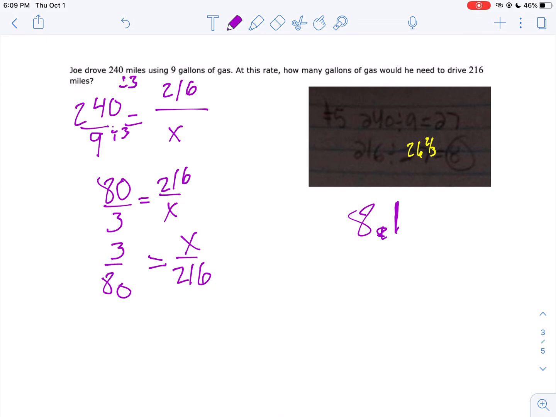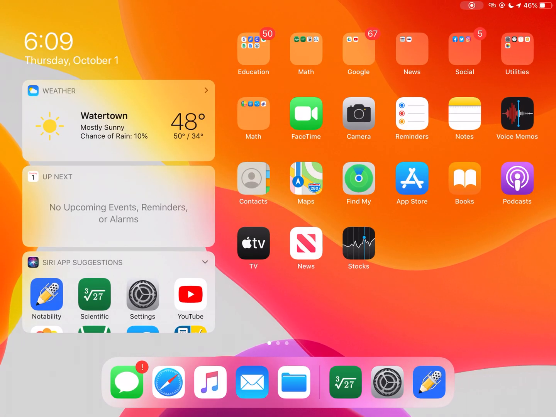Now, to solve for X, we multiply both sides by 216. And since these are big numbers, I think I'm going to use my calculator. I'm going to take 216 times 3, and I'm going to divide that by 80. And hopefully, when I show this to you, we're going to get the same answer.